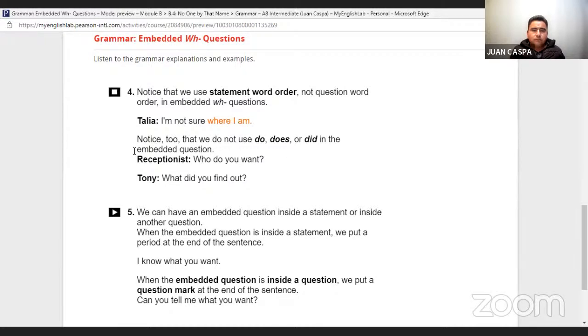Notice, too, that we do not use do, does, or did in the embedded question. Who do you want? I know who you want.